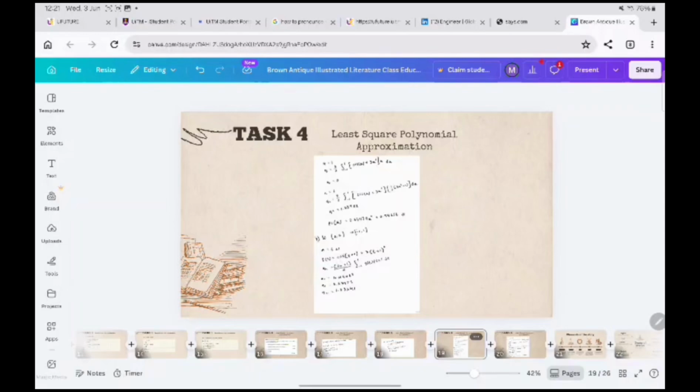So the function becomes cos(t plus 1) plus 3(t plus 1) squared, and we use the formula an equals 2n plus 1 over 2, integral from -1 to 1 of the function y(t) multiplied by Pn(t) dt.